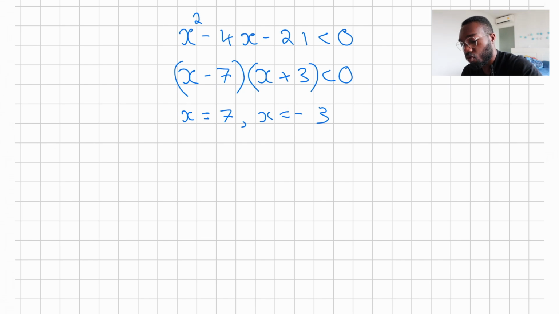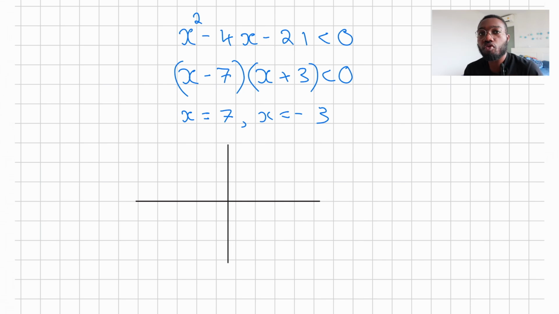Now if we draw this on a graph, we know that a quadratic graph with a positive x squared is going to be in that U shape. We're going to have a point here, and another point here.